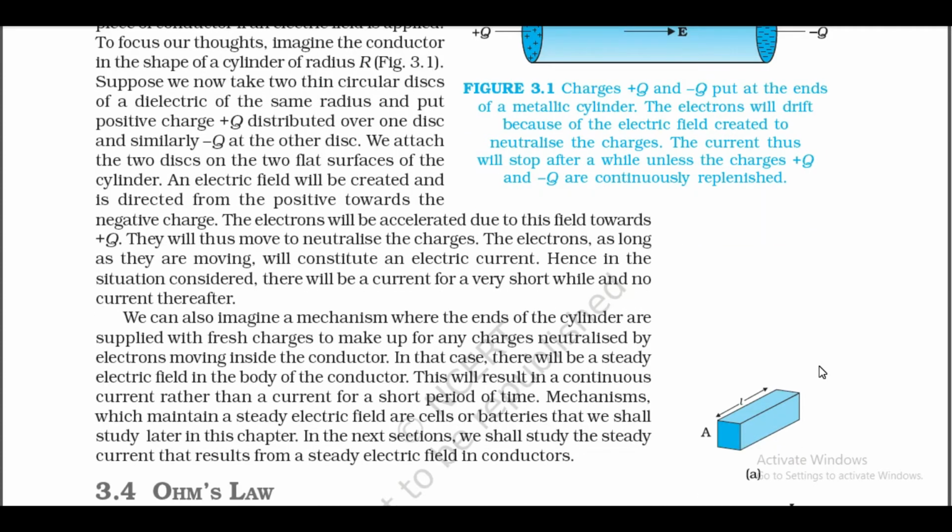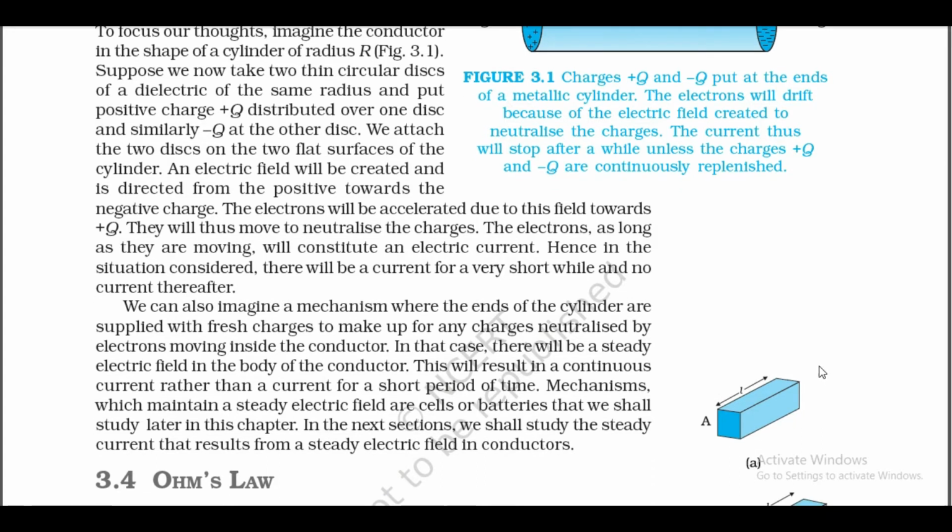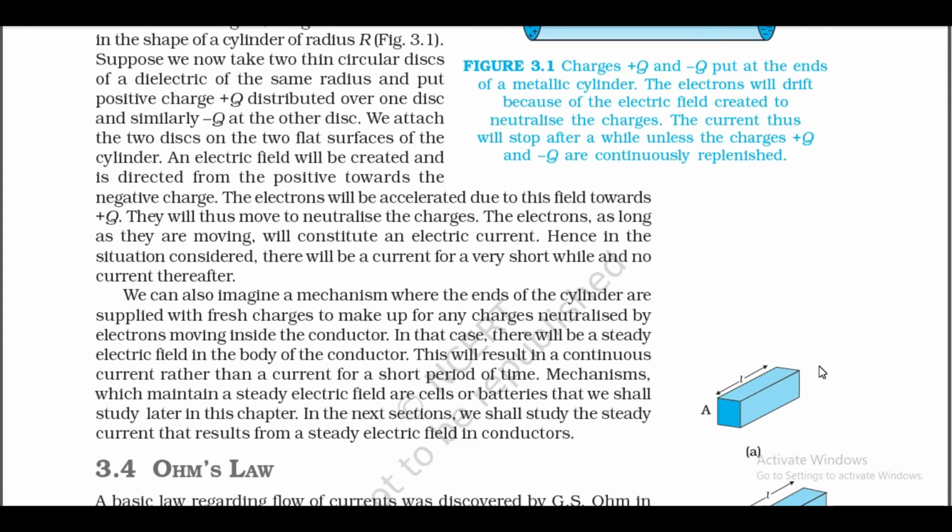We can also imagine a mechanism where the ends of the cylinder are supplied with fresh charges to make up for any charges neutralized by electrons moving inside the conductor. In that case, there will be a steady electric field in the body of the conductor.